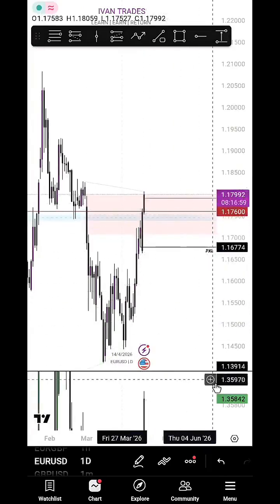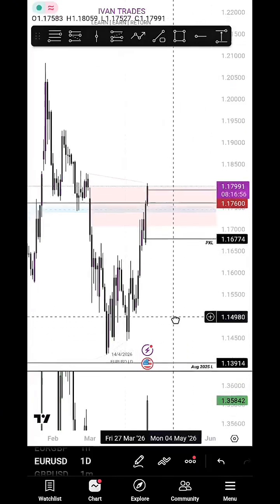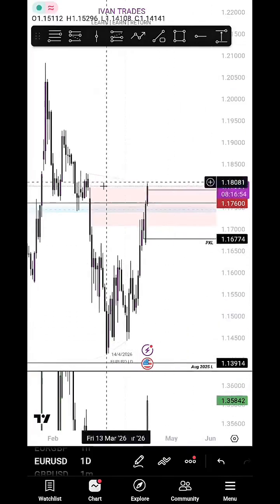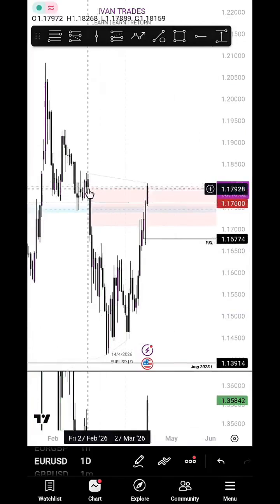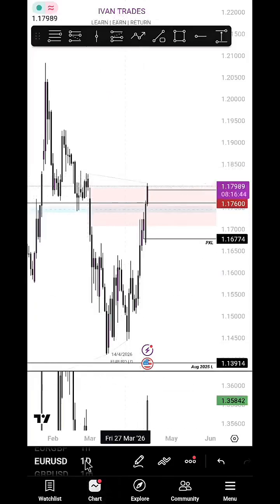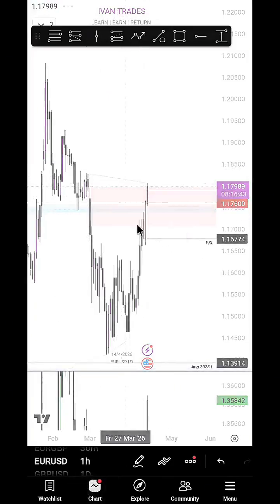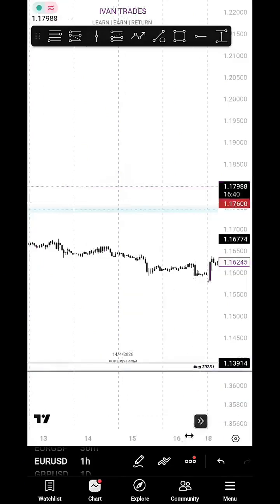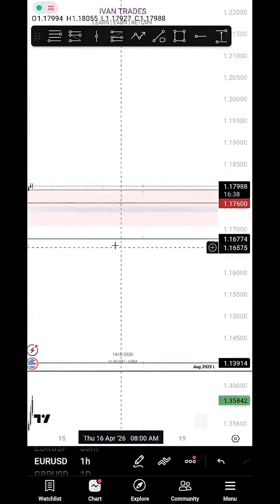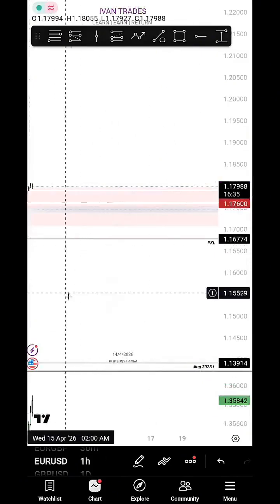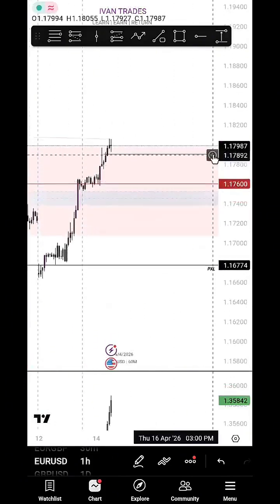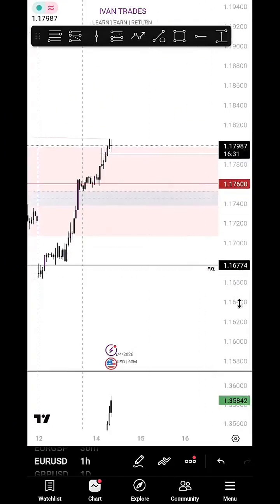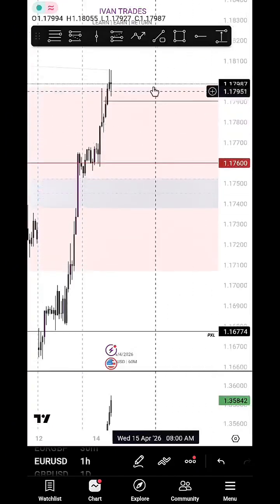Today we are on Tuesday, 14th of April. So currently we are looking at the Euro USD. On the daily time frame, you can see that we opened high this week. So far, we have filled this volume imbalance right here on the daily time frame and started creating SMT on these long-term highs.